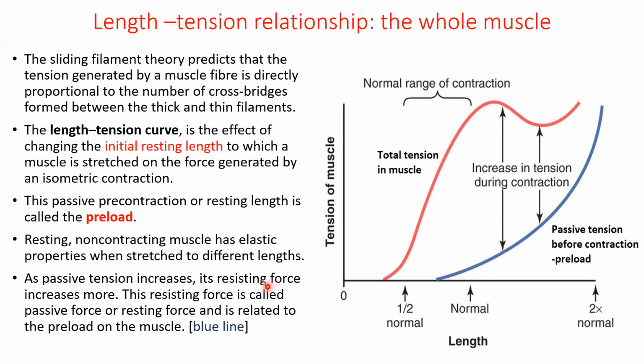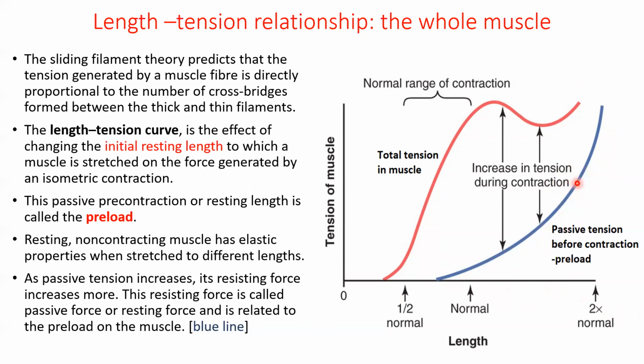All right, so remember, muscle, weight, stretch. Which graph would that be in this diagram? It would be this one. So you keep increasing the load on the muscle, the passive tension keeps increasing.